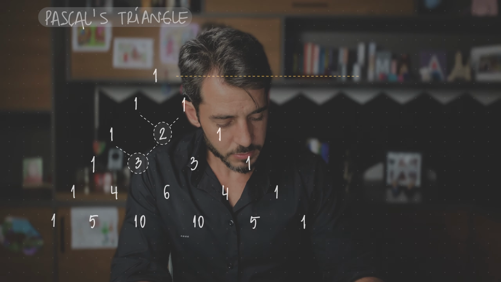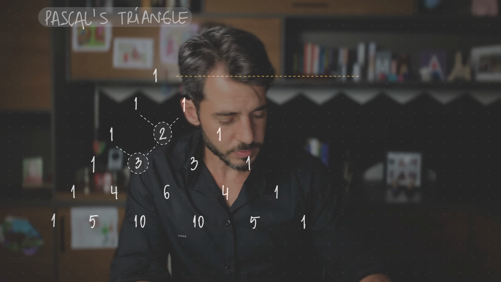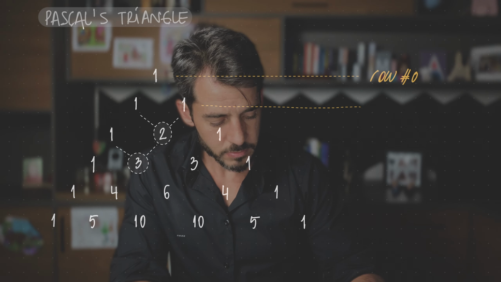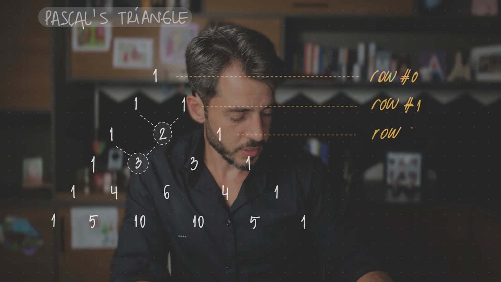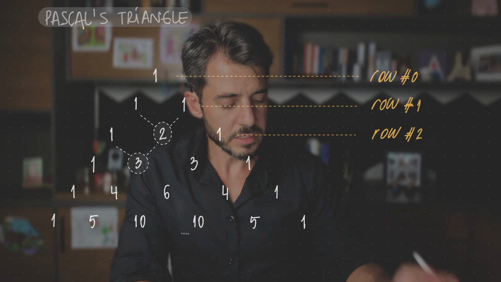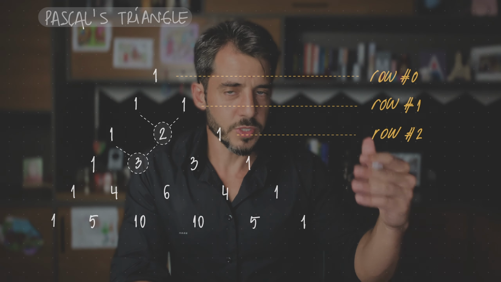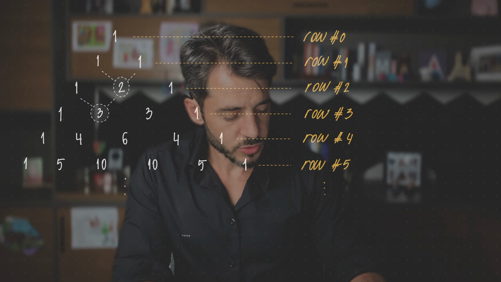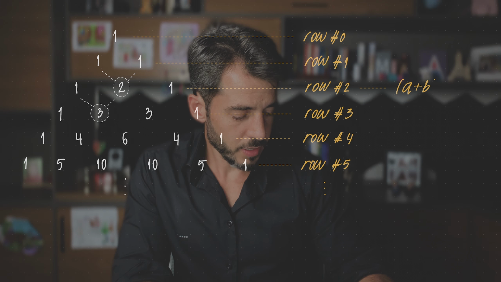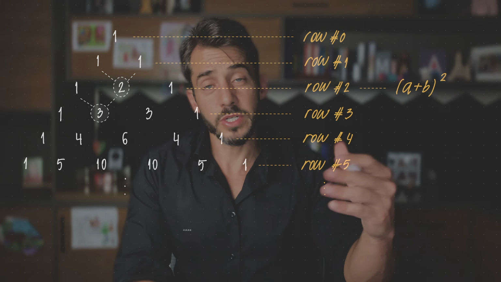And I'll label them right here. This is row 0. This is row 1. This is row number 2, and so on and so forth. These numbers 0, 1, 2, 3, and 4 are associated to the power of the binomial that we're expanding.